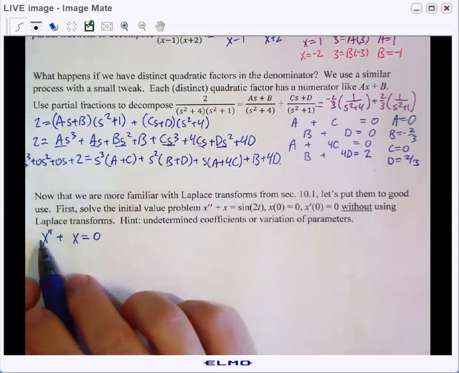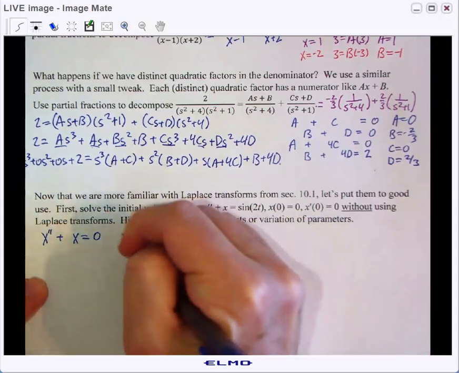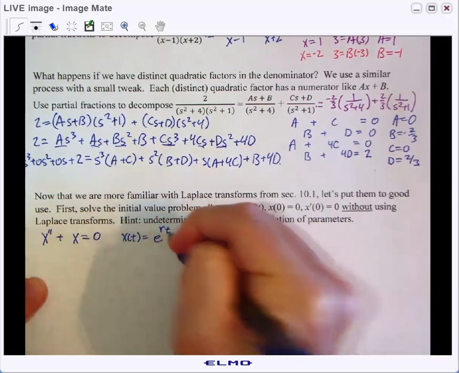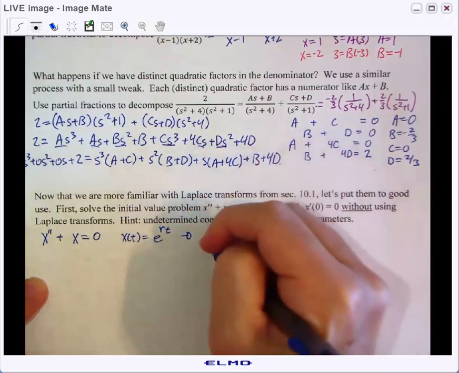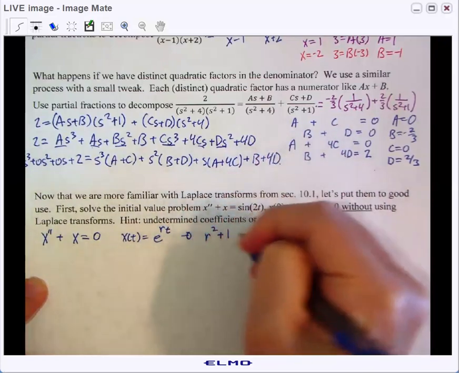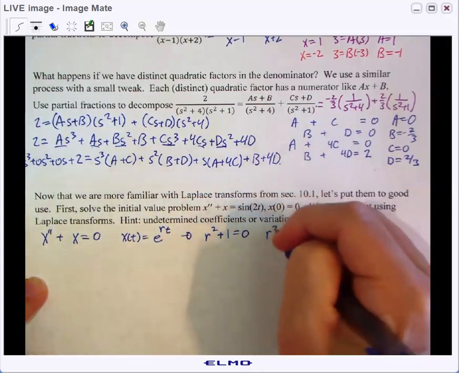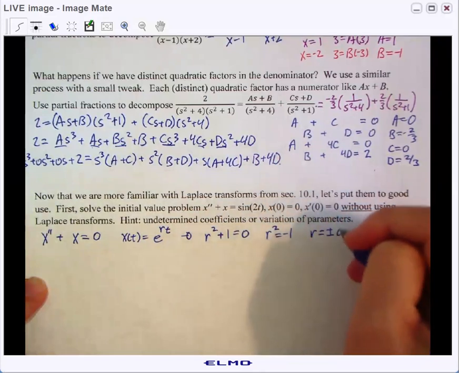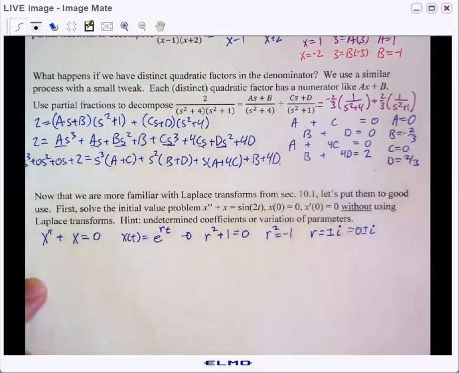We notice that this is a second order constant coefficient linear differential equation, so we expect the solution to be x of t equals e to the rt, which gives us a characteristic equation of r squared plus 1 equals 0. So that would mean that r squared equals negative 1 and r would equal plus or minus i, which is 0 plus or minus i. So our roots are complex conjugates.